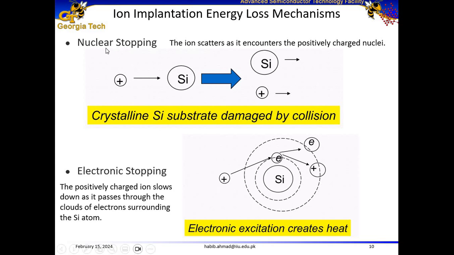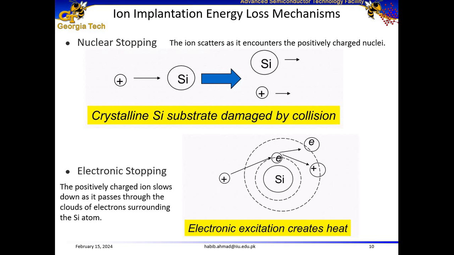The first one is nuclear stopping, in which the ions encounter positively charged nuclei, and nuclear stopping occurs mostly in heavy atoms, resulting in more damage to the substrate or to the host atoms. The second type of ion implantation energy loss mechanism is called electronic stopping.